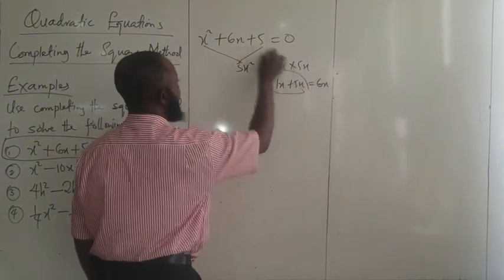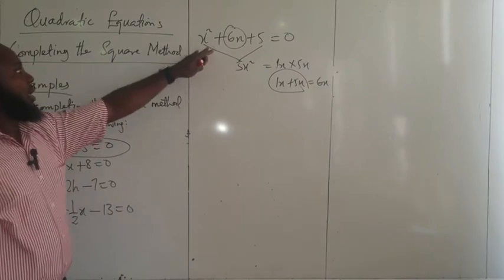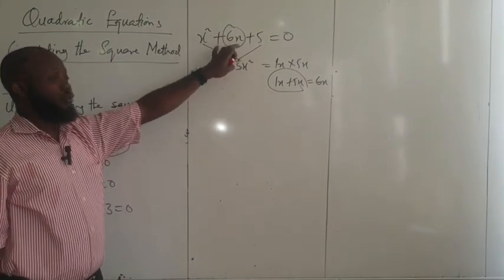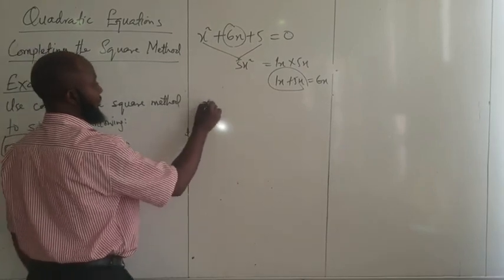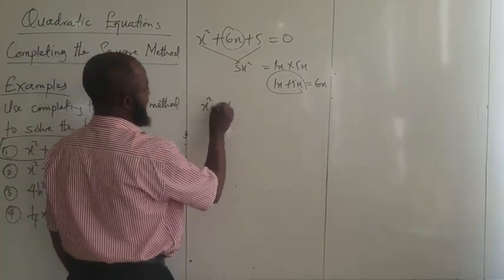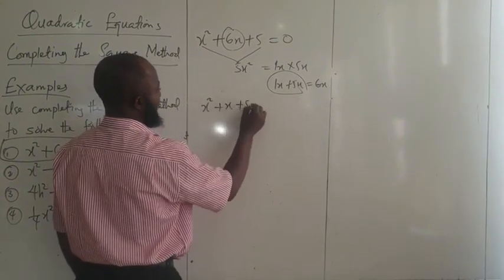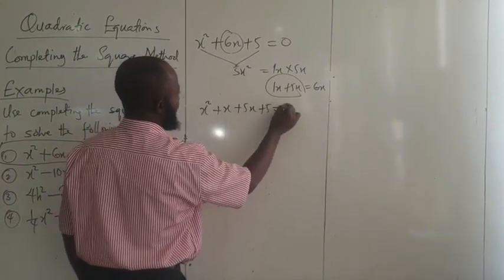So we can use this to replace it, which means this equation is factorizable. So we have x squared plus x plus 5x plus 5 equals 0.